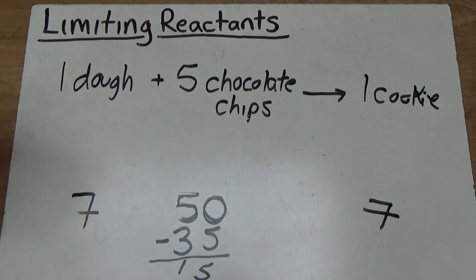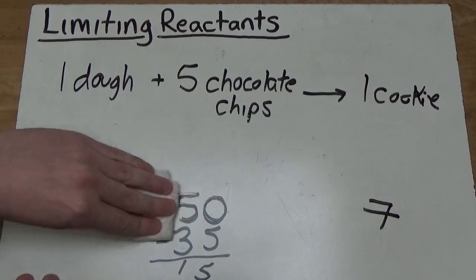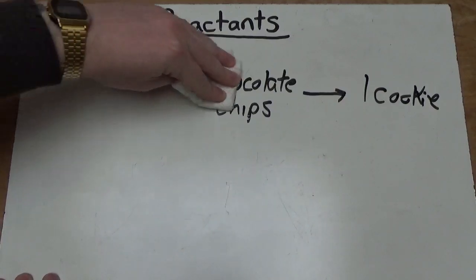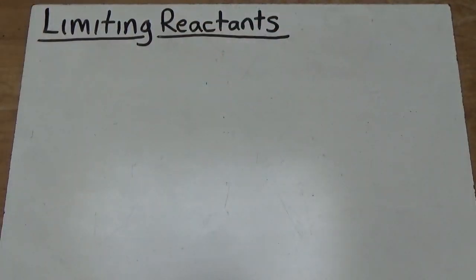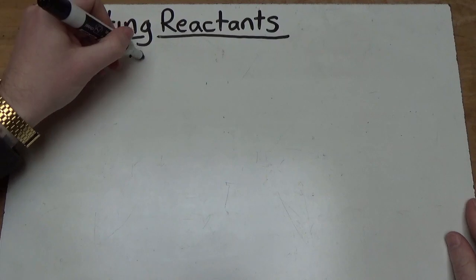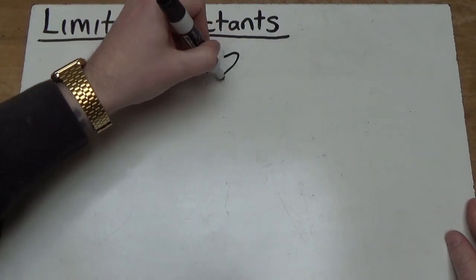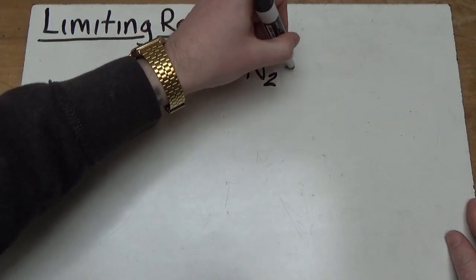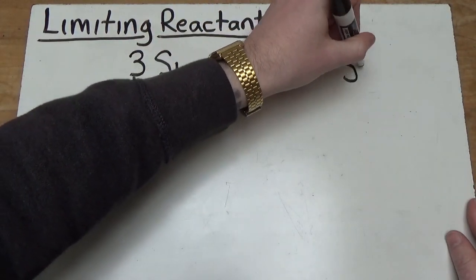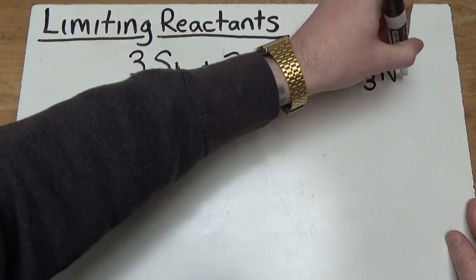Now, let's do a practice problem through chemistry. All right, this will be our reaction for today: 3 Si + 2 N2 goes to Si3N4.